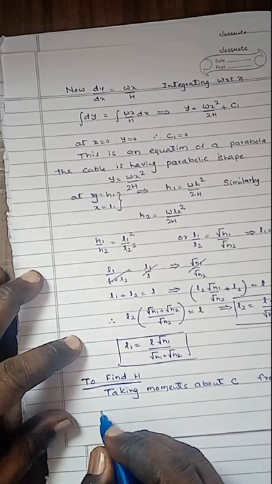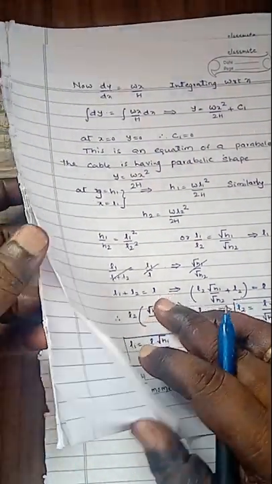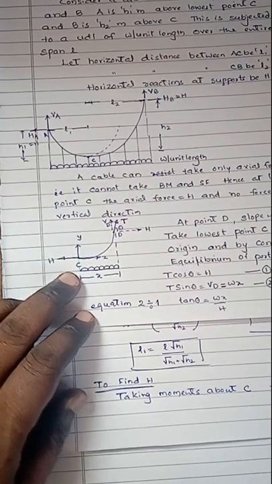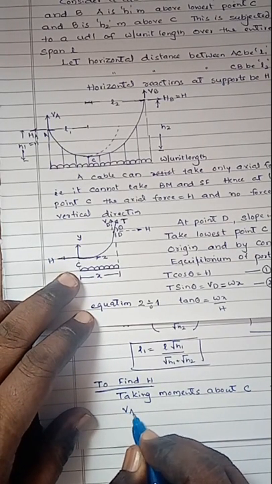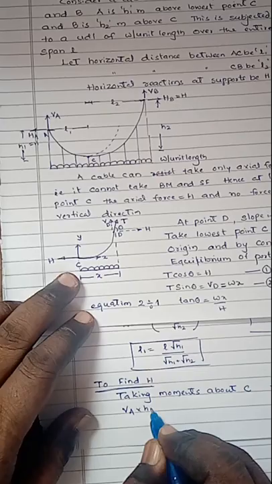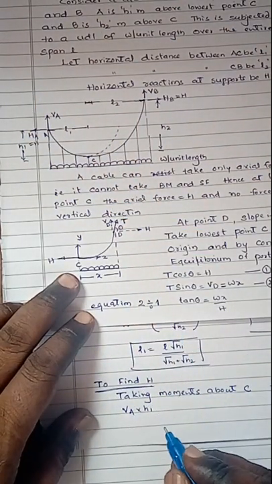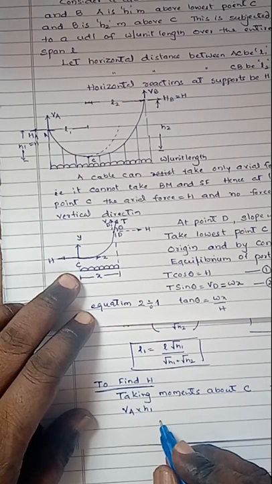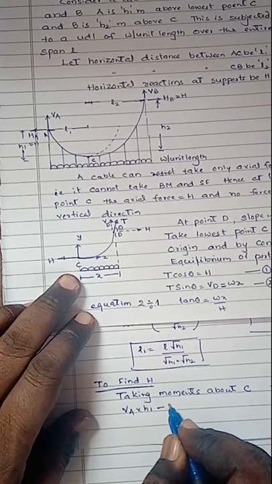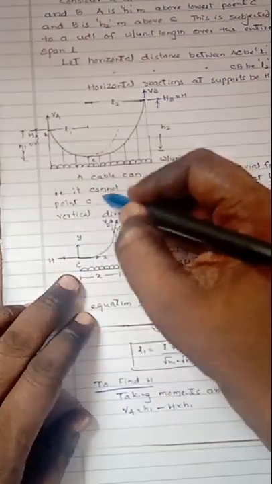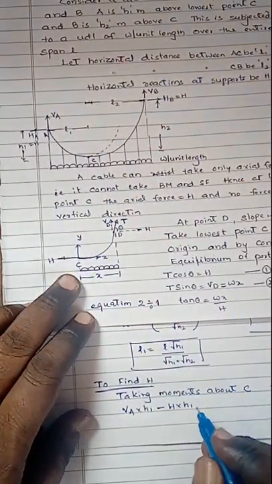Then by observing this diagram, here VA into H1, that one is clockwise, minus H into H1, that is the horizontal reaction component, that one is anti-clockwise.